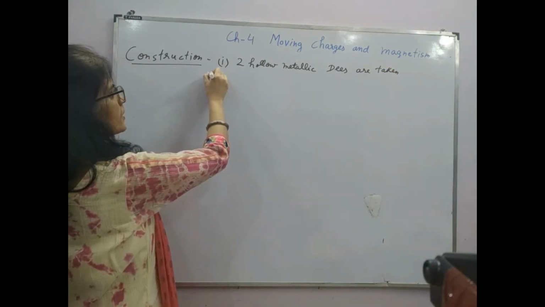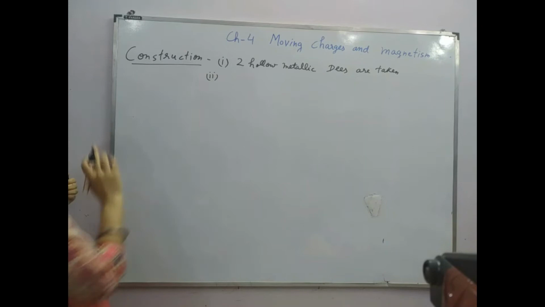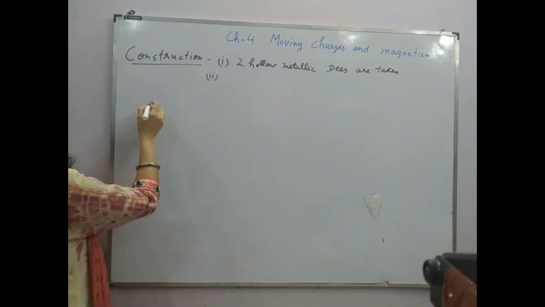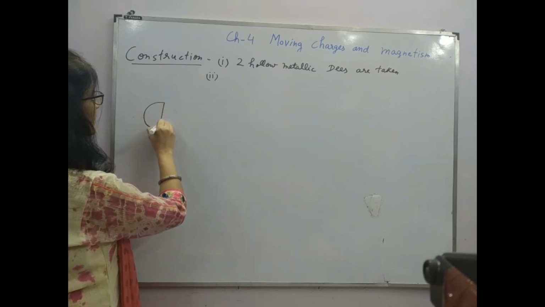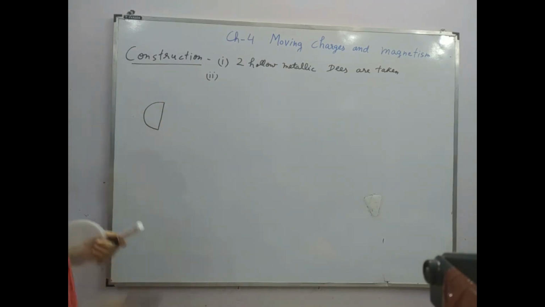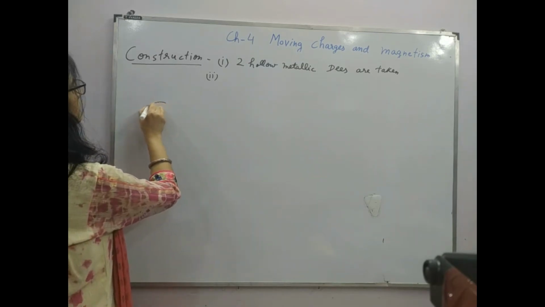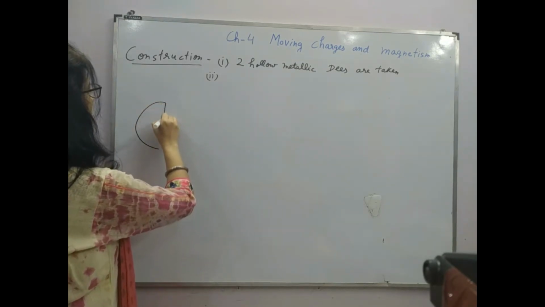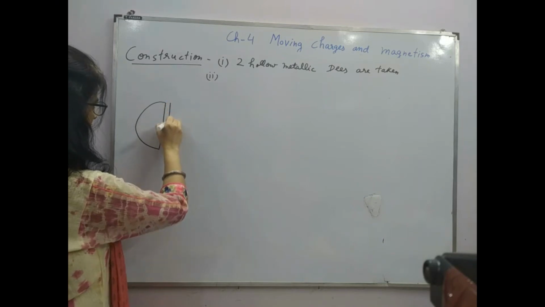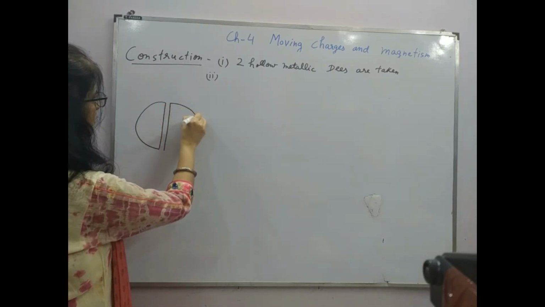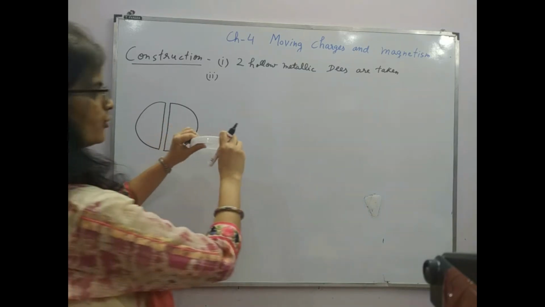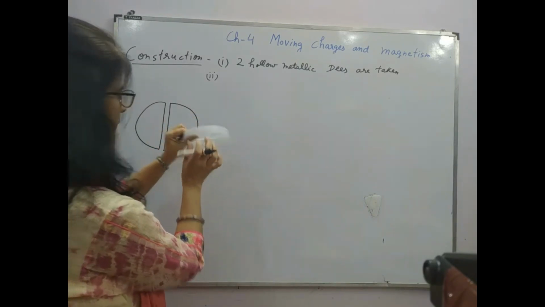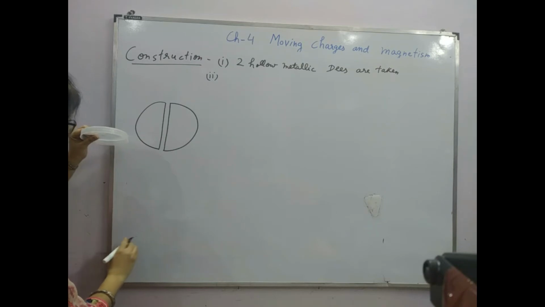Okay. So I am drawing those hollow metallic Ds. I am showing the top view which is given in your NCERT. So I'll draw a bigger diagram. So this is one D. This is the top view. Okay. So if we look at the side view and we cut it, this will be a rectangular part.